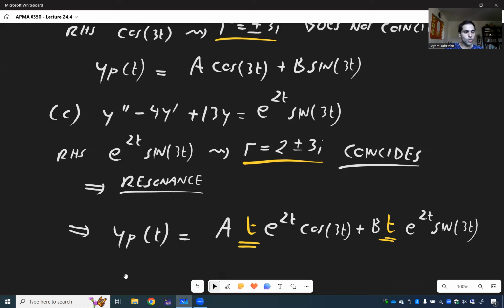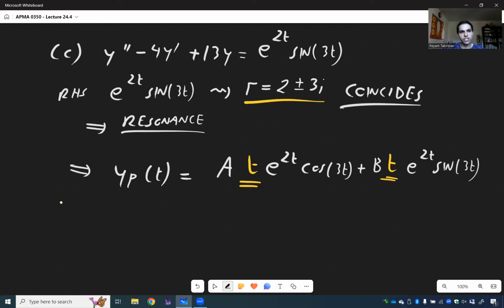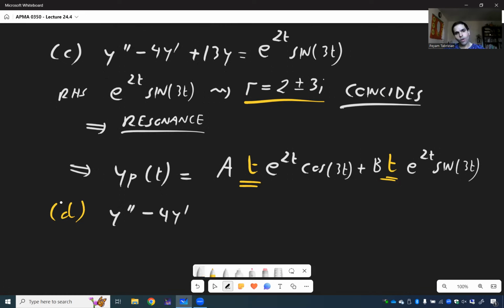All right, so just two more examples of this. Again, same equation, and let's do y double prime minus 4y prime plus 13y is, let's say, t squared cosine of 3t. So here, for the right-hand side, just look at the cosine 3t term. The t squared, t, they're all polynomial. Most of the time, they don't matter.